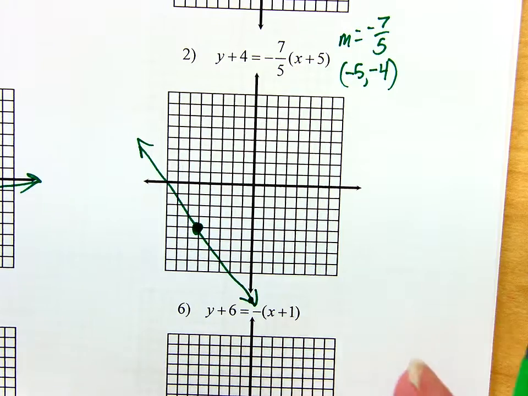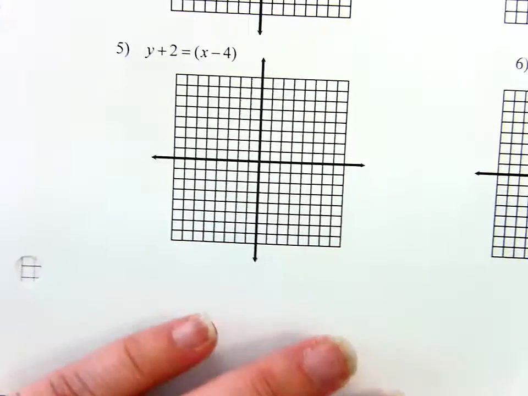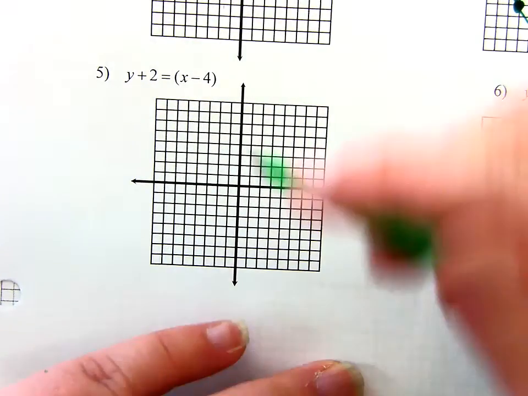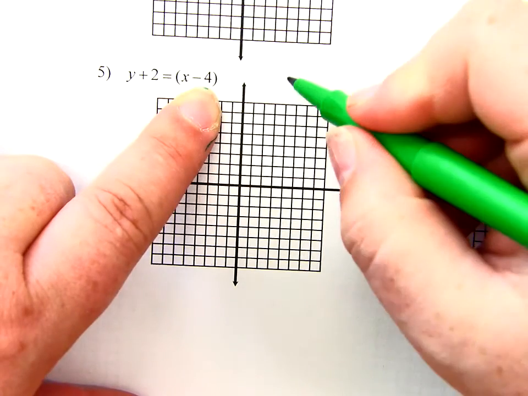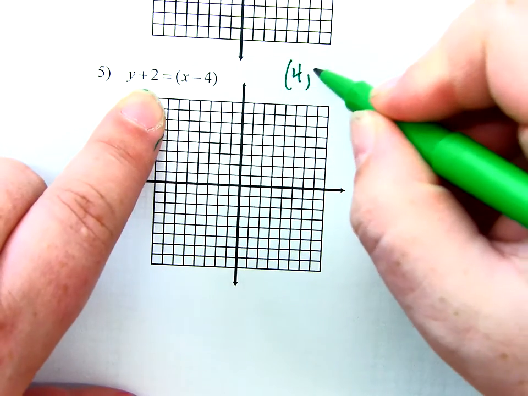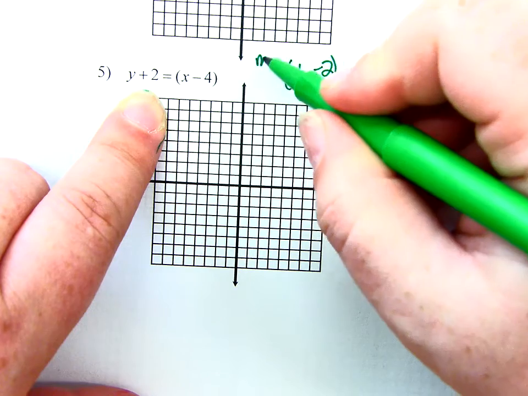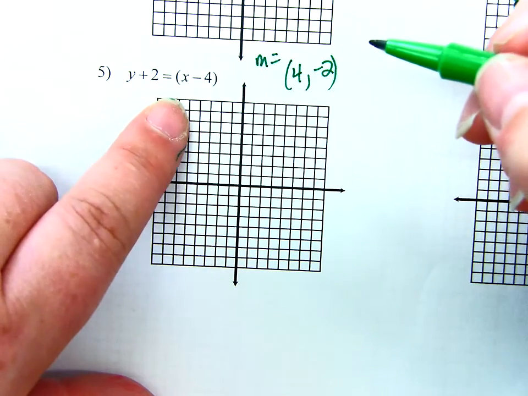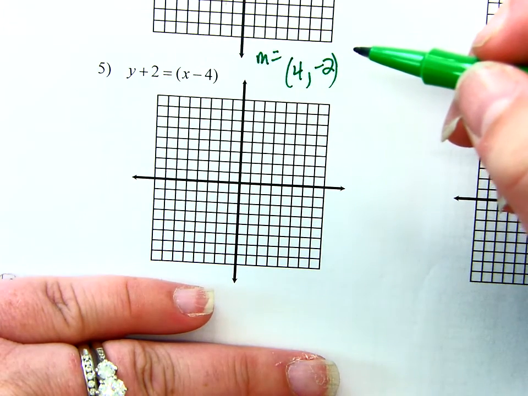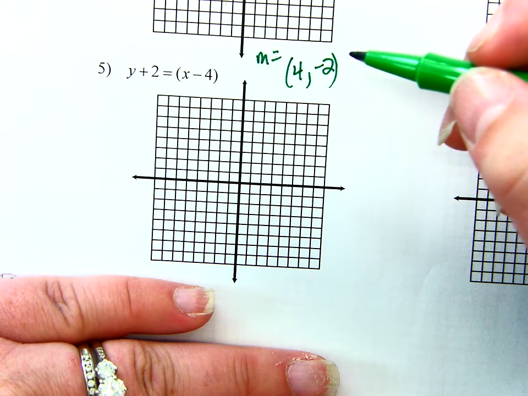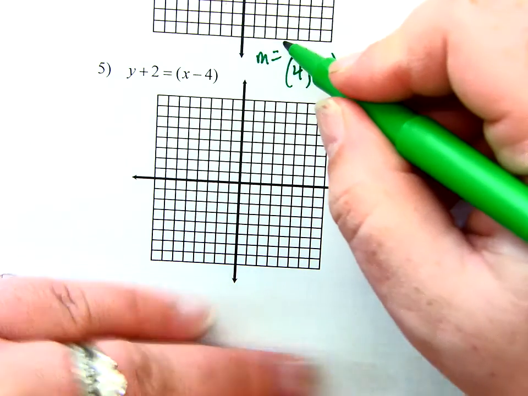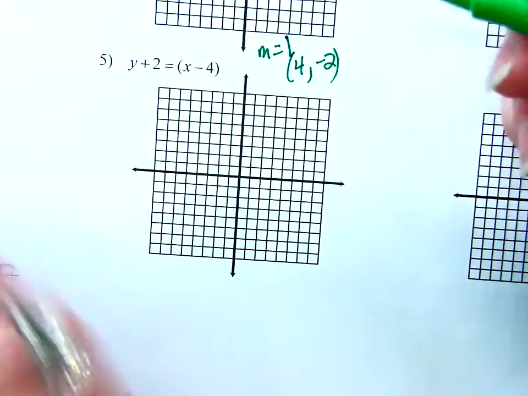Are these getting easier, maybe? Okay, number 5 real quick. This one's not too bad. Opposite of this, 4. Opposite of this, -2. What's the slope on this one? Anybody? 1. If there's no number in front, it's just a 1.